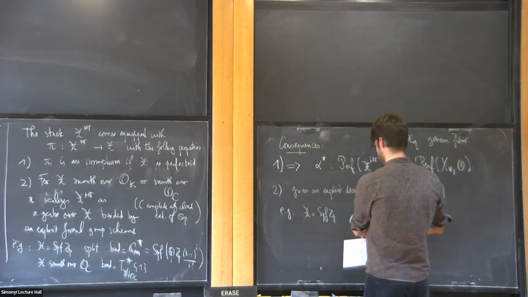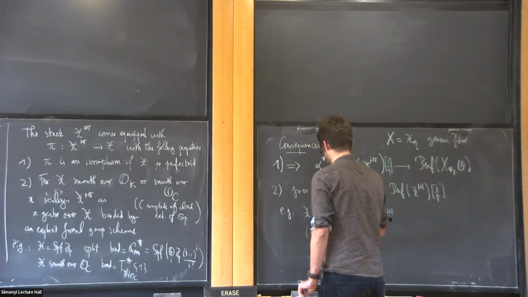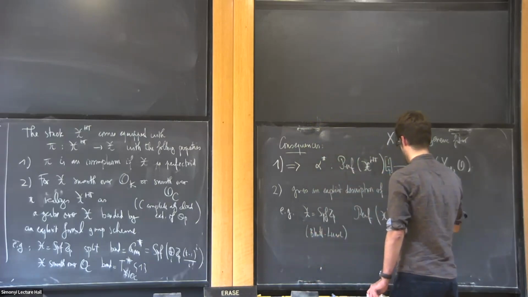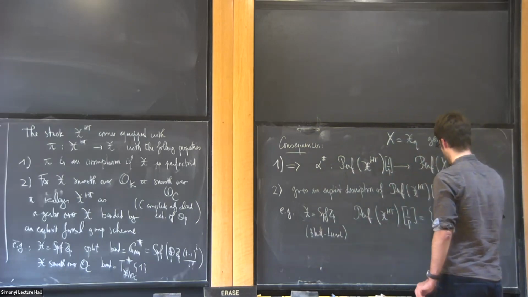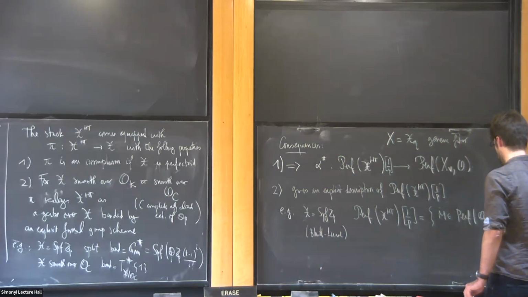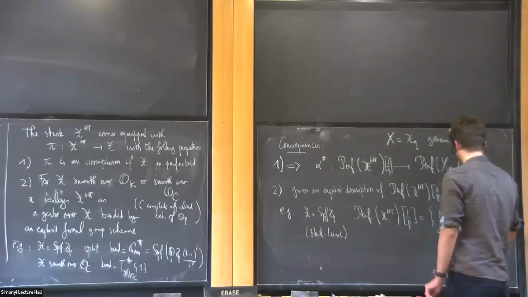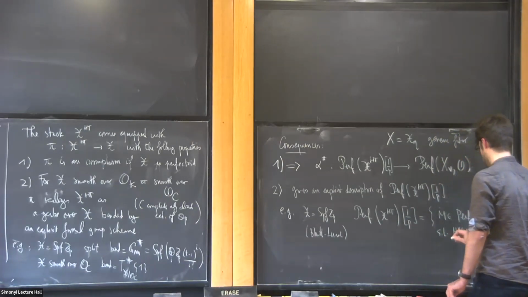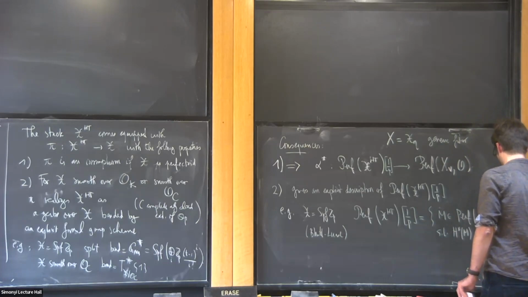this case has been analyzed by Bhatt-Lurie. And what you get is just the category of perfect complexes for the ring QP with an endomorphism theta, such that the cohomology groups of this complex are finite dimensional over QP.